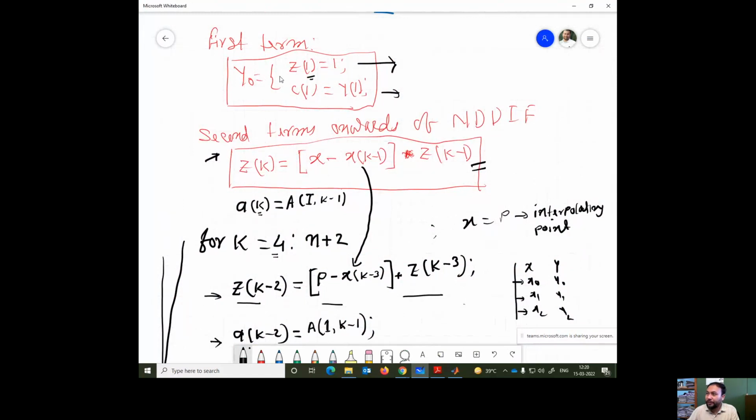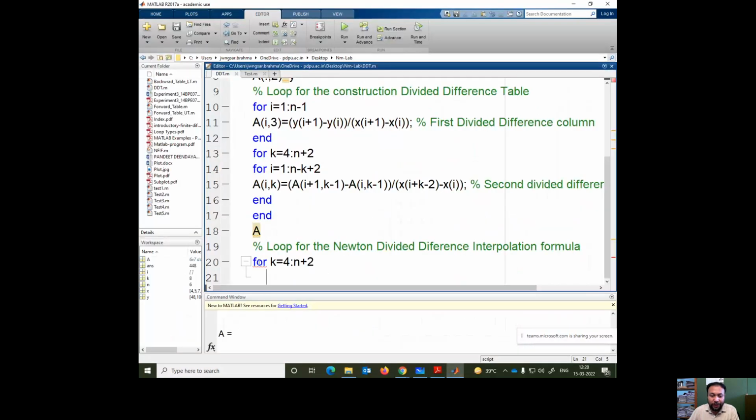Before the for loop I have to define these things, because we don't have any earlier iteration of the for loop there. It means that I will define z1 is equal to 1, and c1 is equal to y1.